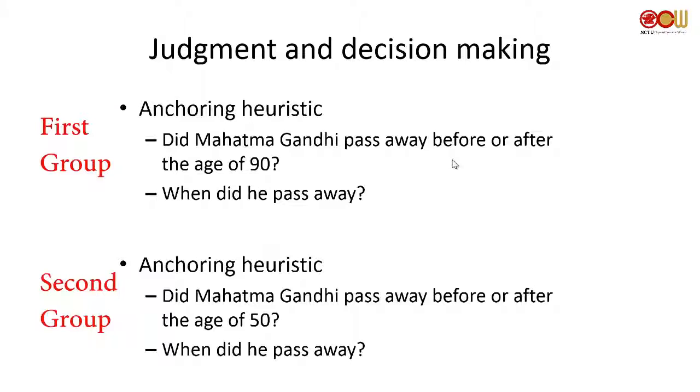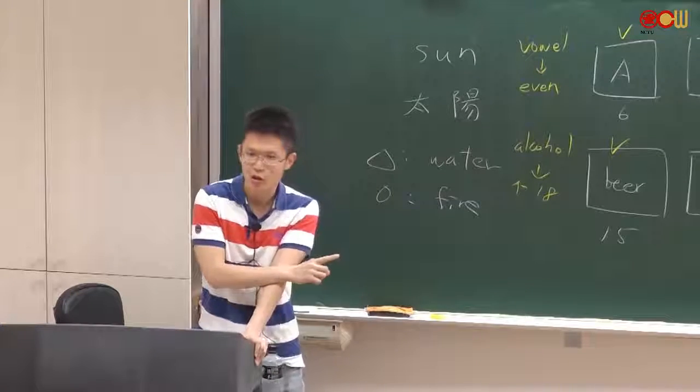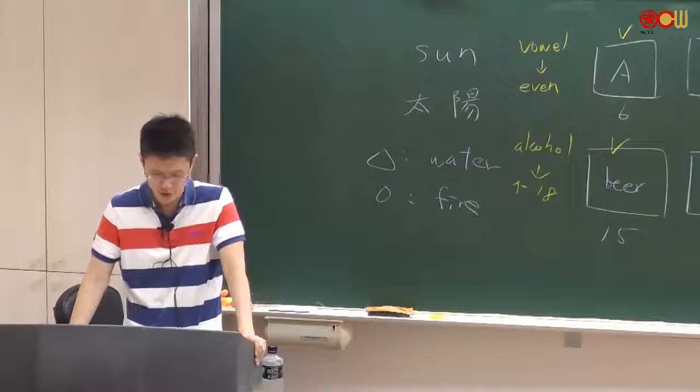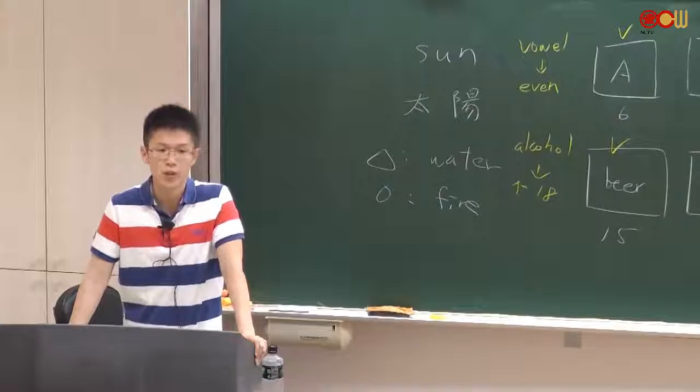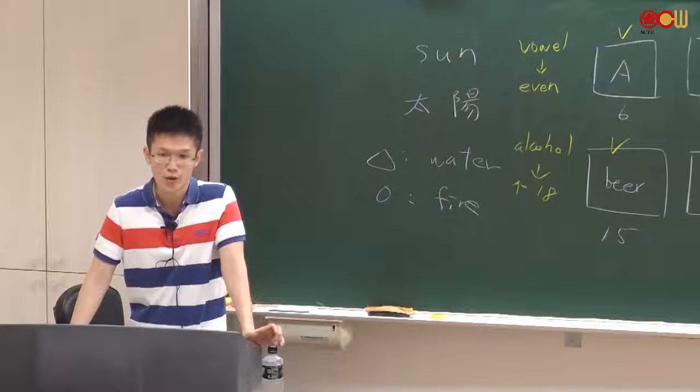The reason is, if you look at what they saw, this is what the first group, the odd numbers, saw. The question was, did Mahatma Gandhi pass away before or after the age of 90? So when they had to estimate the age, they started with 90. But for even numbers, they started with 50. So that's why you can find a huge difference between the two.